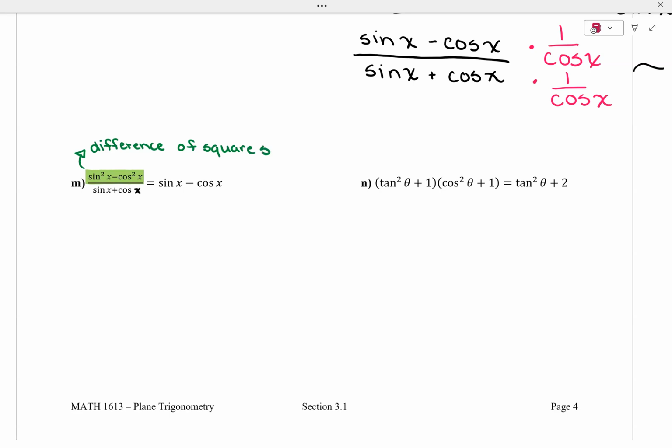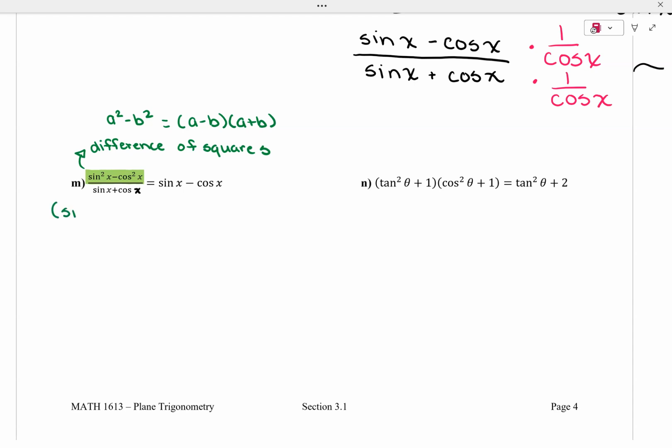Okay, so if you have forgotten what that is, it's a squared minus b squared equals a minus b times a plus b. In this case, a is sine, cosine is b.